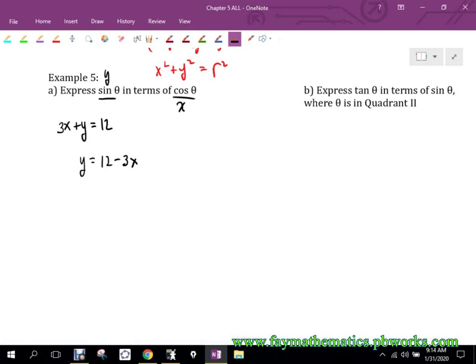And then it says in terms of, that means if there's a variable component that shows up, that is the only variable component that shows up. If we had to write a phrase about that one, it says express 12 in terms of x and y. Does that make sense?